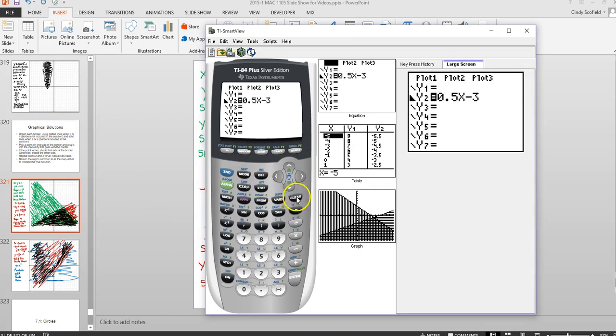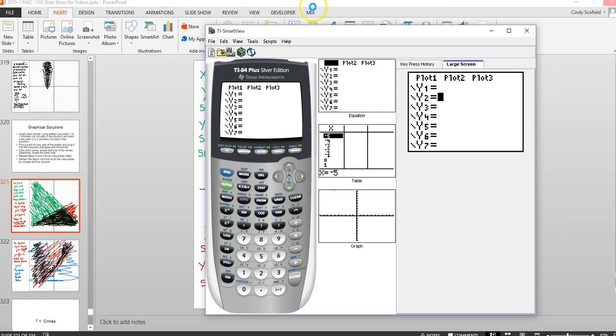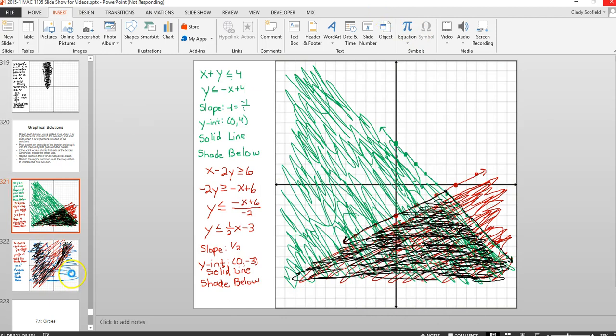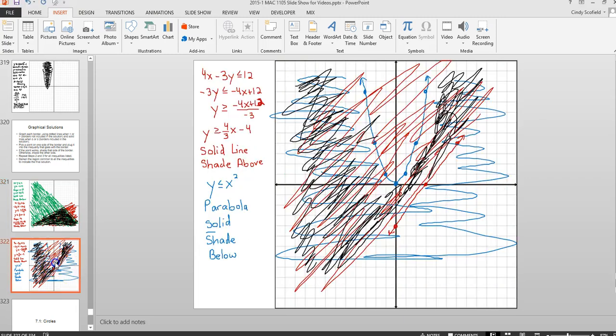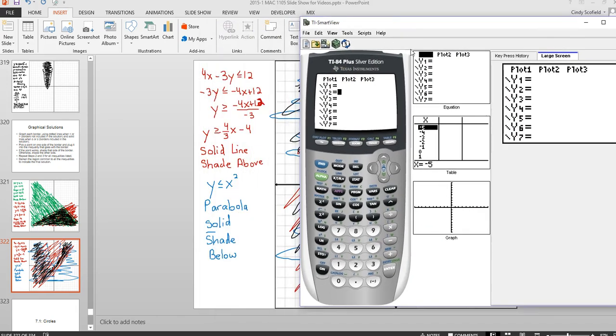Clear that out. Let's try the next one. It's like I'm asking my computer to do too much all at once. Okay, so that one. I've got 4/3 x minus 4.